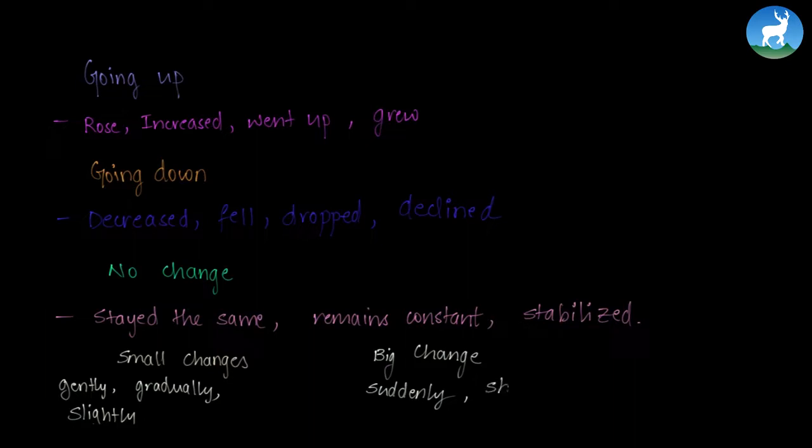Or you can say sharply the number of students are growing. You can say steeply, or you can also use dramatically. So this is a list of vocabulary that might be useful to you. Let's go through a chart.